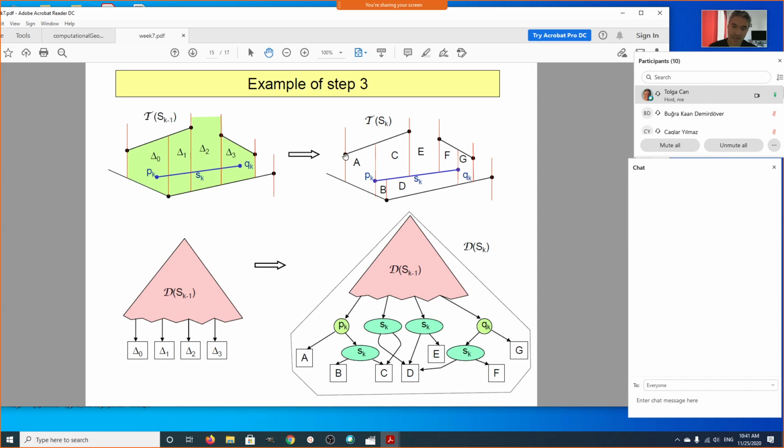Its left point is going to be the left point of A, top and bottom don't change, and PK is going to be the right point of A. So now I have correctly identified a new trapezoid leaf node with left point, top, and bottom shared with delta 0, and its right point becoming PK. And as you can see at the rightmost node in this search structure, we have QK, and to the right of QK we have again the same thing: this new trapezoid G, which is going to share the bottom and top of the last trapezoid that is intersected.